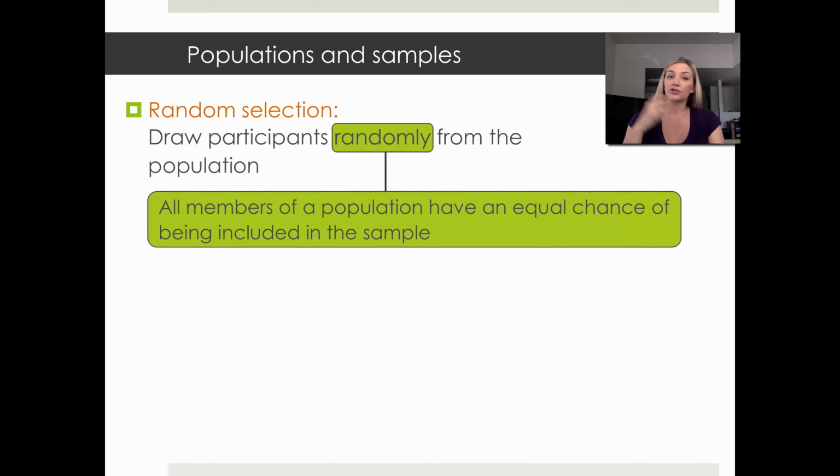Now, when I survey women who are mothers at WU, that is not true random selection because not every member of the population is equally likely to be in my study. Those who aren't students at WU have no chance of being included in my study.